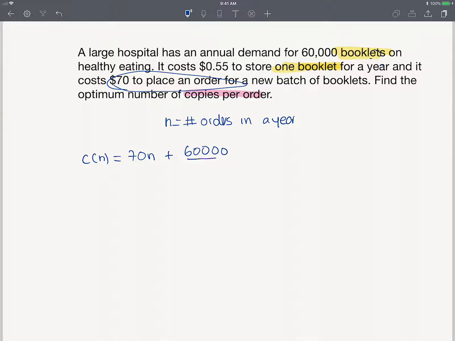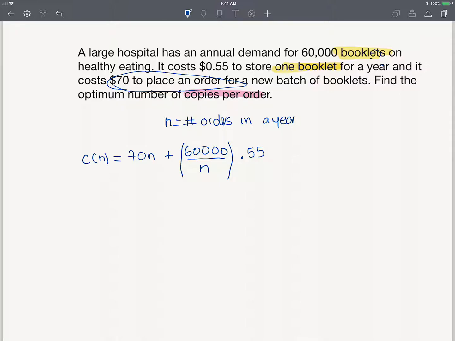So that divided by the number of orders in a year would be how much each order is, right? That's how much each order is going to have. Okay. Now, how much are you going to pay per order? You're going to pay 55 cents for those, right?